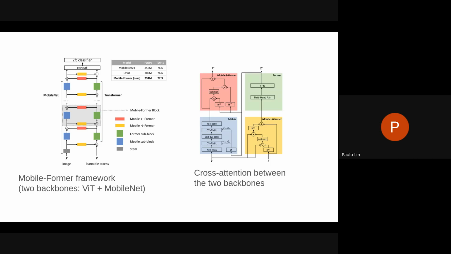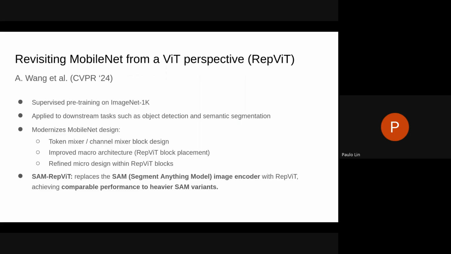One is the mobile backbone, this part on the left, and the other one is the transformer backbone. And what they are performing is cross attention between these two backbones to improve the performance of the foundation model. This is one of the latest works I have reviewed.